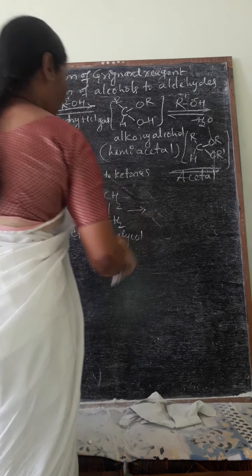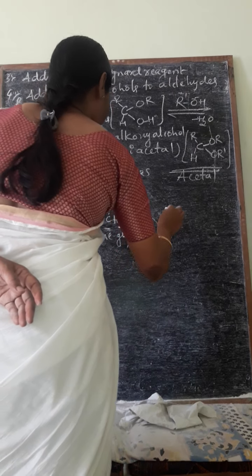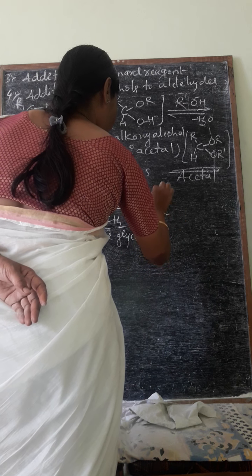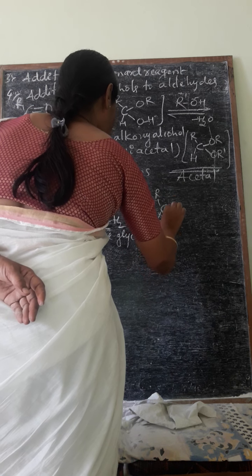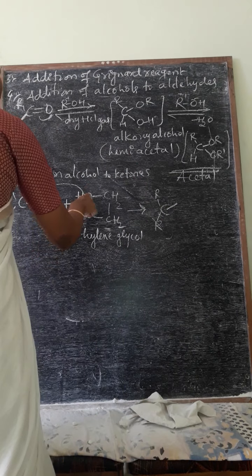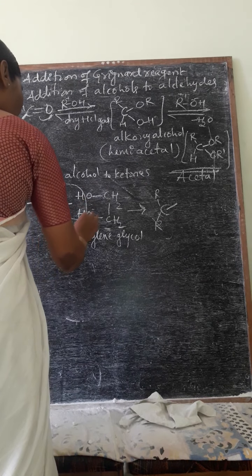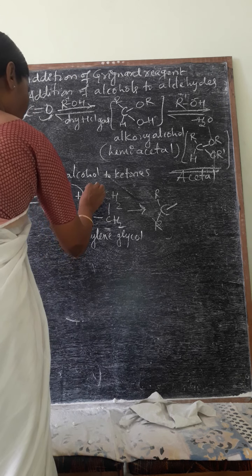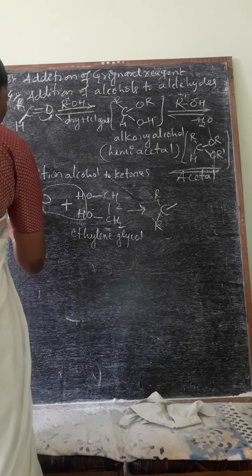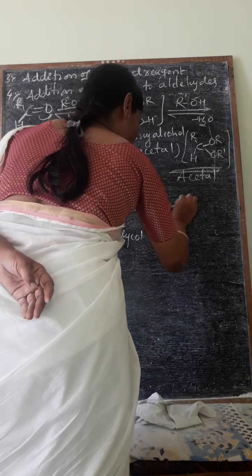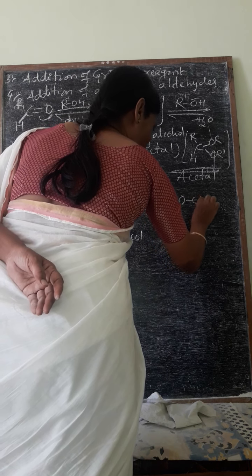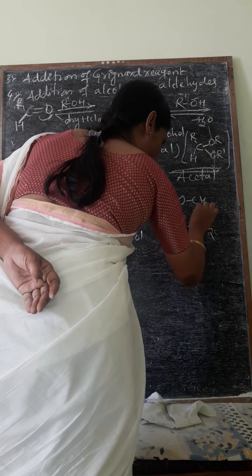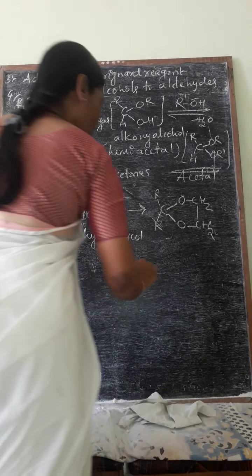A cyclic compound is formed. It is called ketal. C as it is, R as it is, and this becomes O minus, H plus, O minus. Therefore this carbon gets a plus sign, hence it is O, CH2, next is O, CH2. This is a cyclic form.